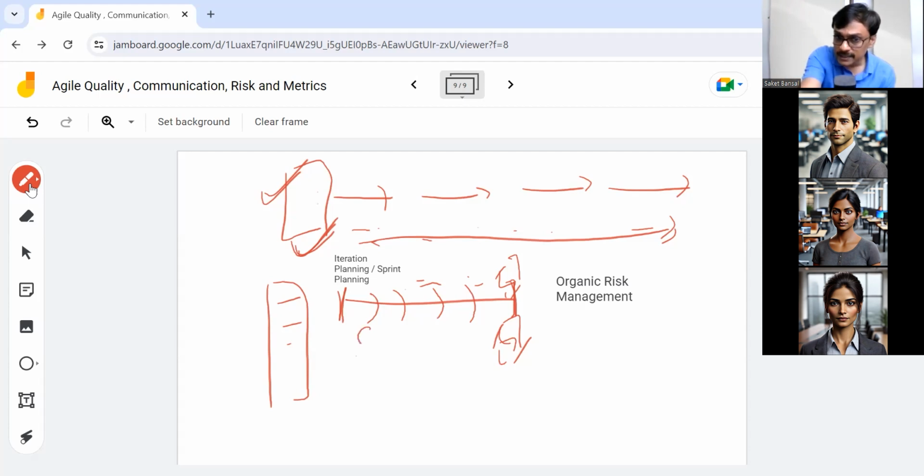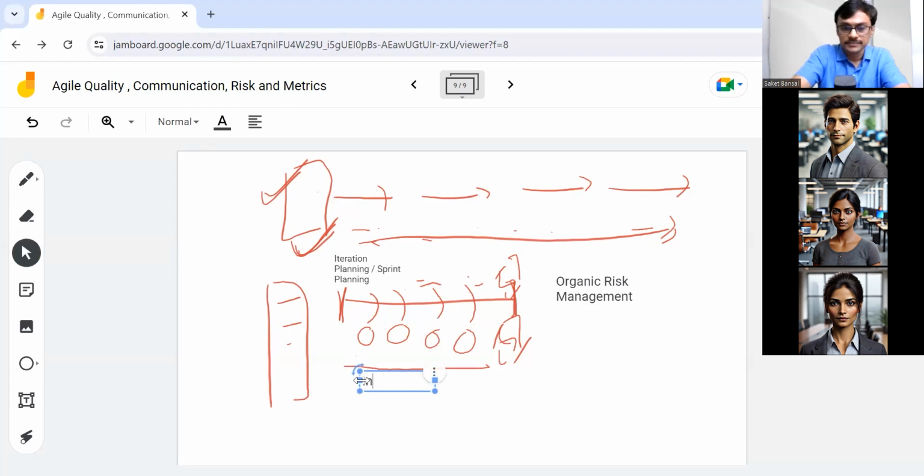During a daily stand-up, we definitely keep reviewing whatever risks we have in our current iteration. We may also discover new risks which need to be taken care of in order to achieve our upcoming iteration goal. Yeah, so that's the risk management part of it. Now here I also attach communication management. In the agile way of working, by doing a daily stand-up and meetings like this, we achieve something called interactive communication.